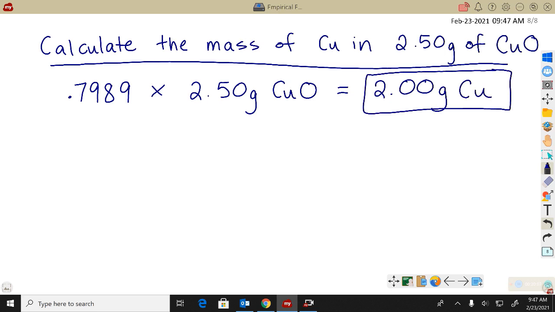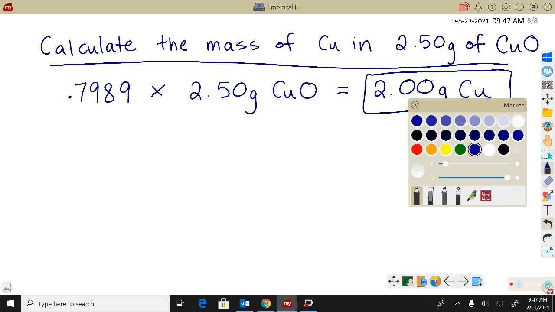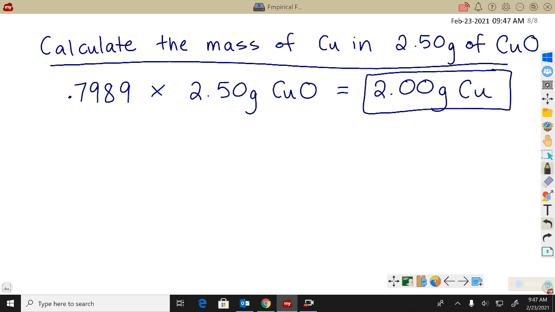And so here's what we can do now at the end of our lab to check our data and see, was our data good, or where might our errors lie? It's like saying 2 grams is what I should have collected.